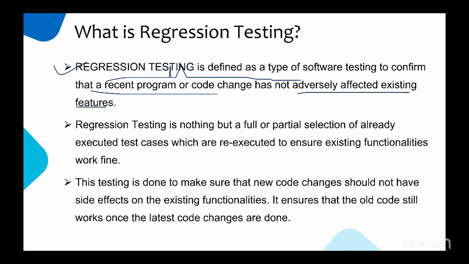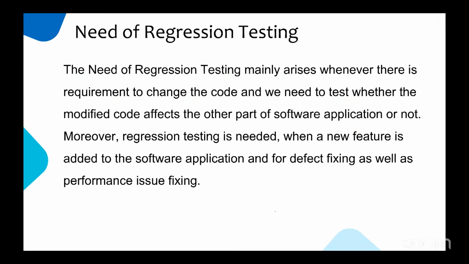It's nothing but full or partial execution of the entire test cases, re-executed to ensure existing functionality is working fine. And we make sure the new code changes didn't affect the existing functionality. Old code is still working fine despite the latest change. So that is what they are saying in a different way.